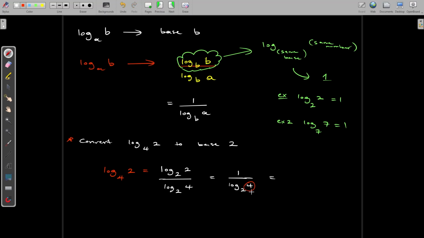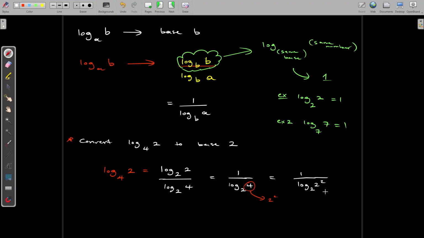How else can we write this 4? 2 squared. So that means we can say that this is equal to 1 over log base 2 of 2 squared, right?